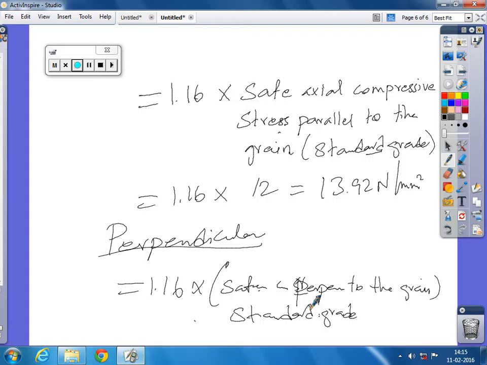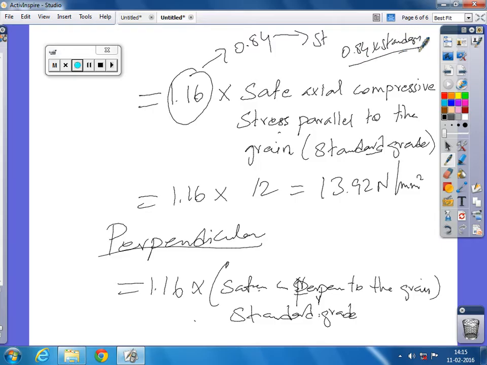See, the same procedure for common grade. For common grade, instead of 1.16, it is 0.84 times the standard grade. So 0.84 into standard grade value. Start solving. 0.84 into standard grade, that is for the common grade.